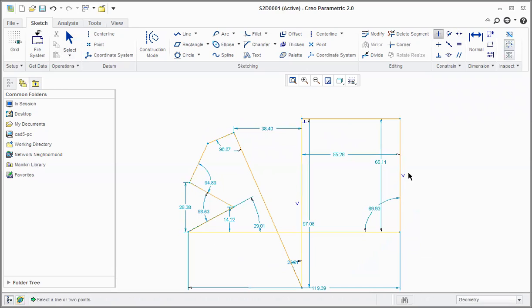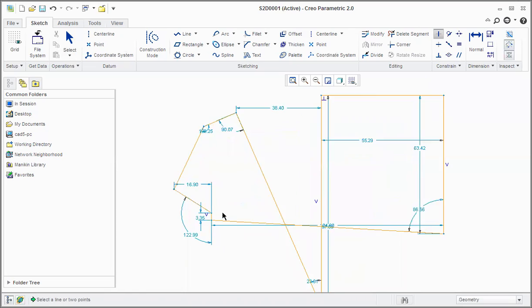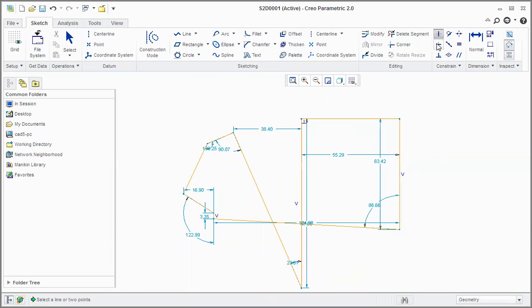So it gets vertical. The V symbol indicates that this line has become vertical. After that, the next one is the horizontal constraint.